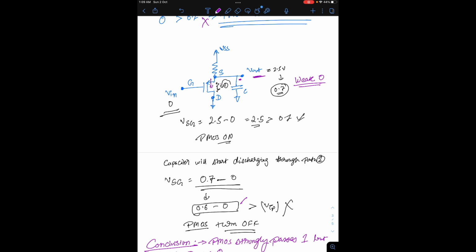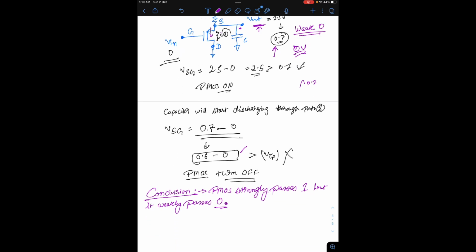So the maximum it will fall from logic 1 or 2.5 volt is 0.7. So it will never reach exact 0 volt, guys, which is the lowest logic 0 voltage. It will be somewhere above, there will be a bump of 0.7 volt or whatever the threshold voltage. So now you can understand why PMOS strongly passes 1 but weakly passes 0.